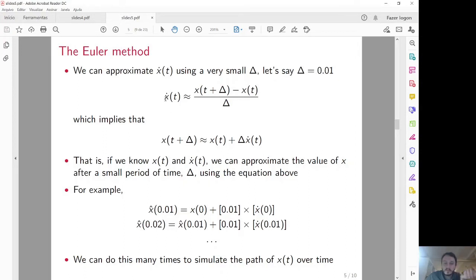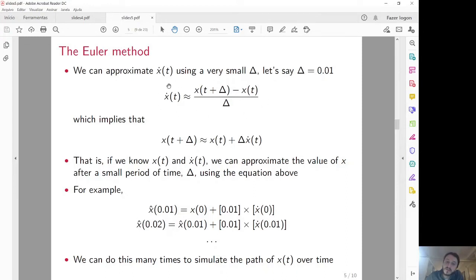So using the definition of the derivative, which is a limit, we can say that the real derivative of x with respect to time is approximately equal to the expression in the limit, but now we're using a delta that is not tending to zero, but is a very small delta. Okay, since this delta is very small, then the right-hand side is approximately equal to the left-hand side. Remember that the left-hand side is the limit when delta goes to zero.